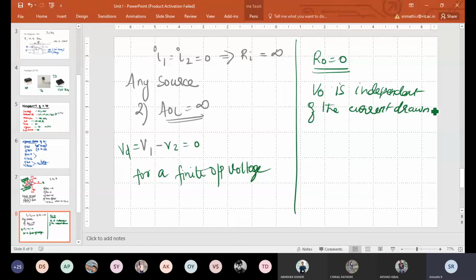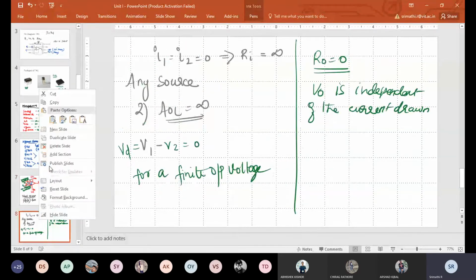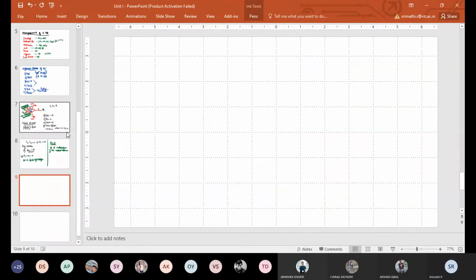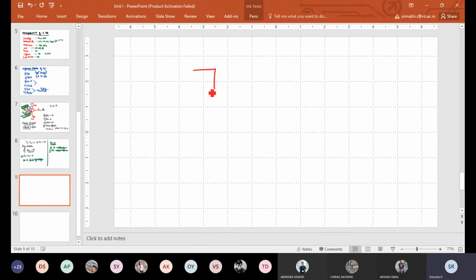So this is the ideal op amp representation. But the practical op-amp representation, I'll do it. How will we represent a practical op-amp? I have an input resistance Ri. The difference in voltage is Vd, between V2 and V1.